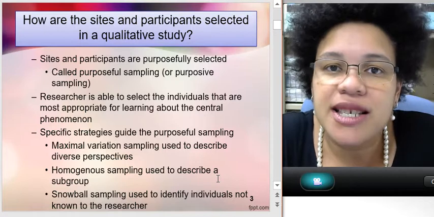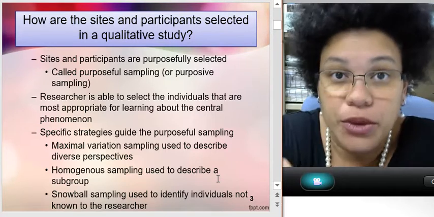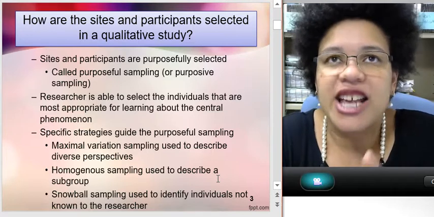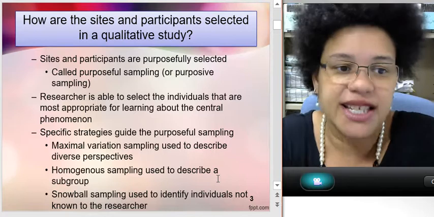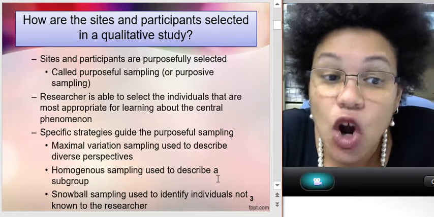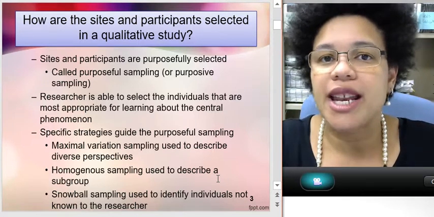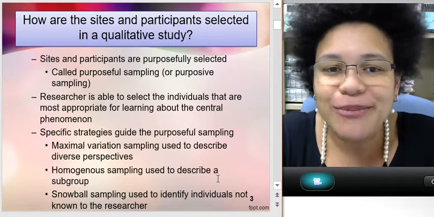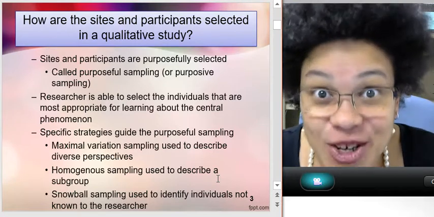Homogeneous sampling is what you're going to use when you're trying to identify a subgroup and really explore their perspectives in depth. And snowball sampling is used most often when the people you want may be hard to find. It's not necessarily obvious who they are.